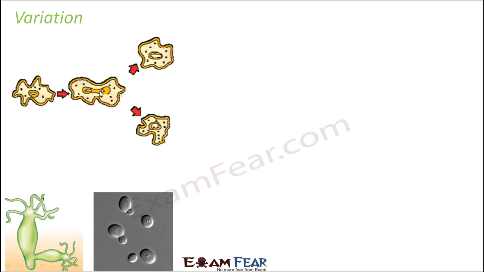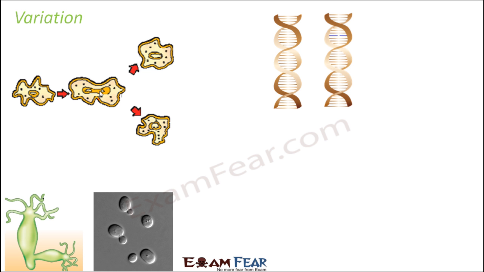So basically the material inside the nucleus is also getting divided, so the DNA is getting copied. During the copying of this DNA, some errors can occur by chance, and these small errors can give rise to variation in the offspring. So this is how variation comes into play even in organisms which reproduce by asexual reproduction.